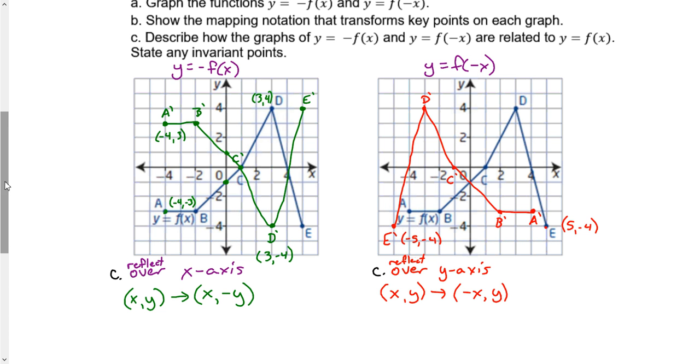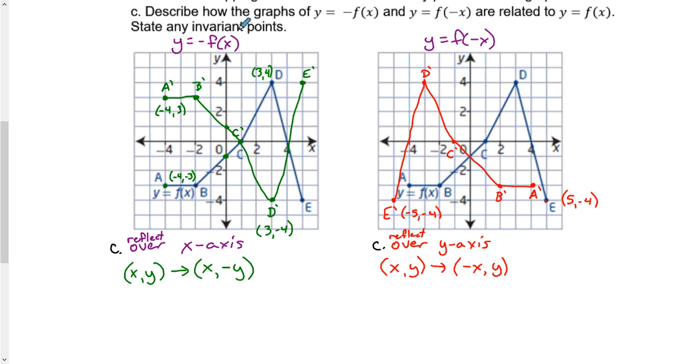Now, invariant points, invariant is just a special word that means something that hasn't changed. So if we look at the two graphs here, there's a point, so on the one that reflects over the x-axis. Now I'm going to make a general statement, not actually look at the actual point. Yes, of course, we can see that the point C prime, or C and C prime, have not changed.